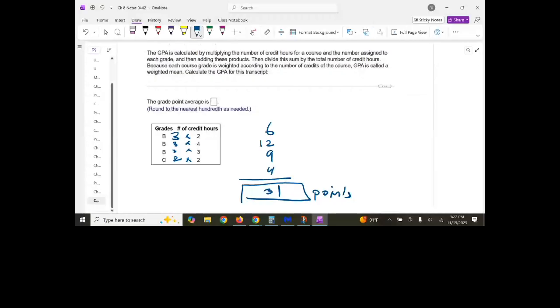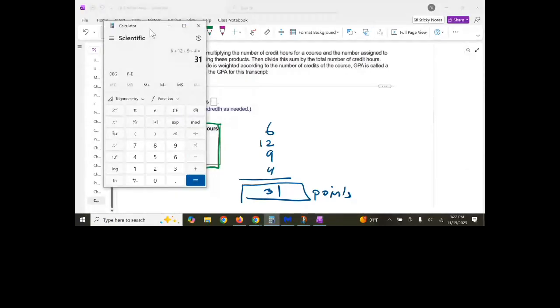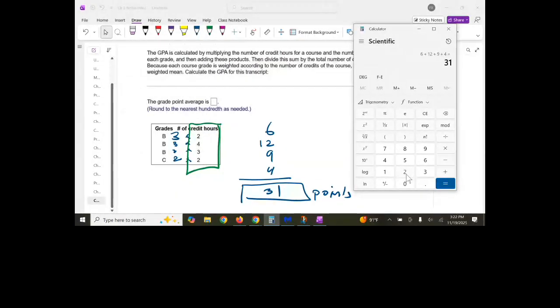In addition to adding our points up, we also need to add up our total number of credit hours. So I'm going to add those numbers up too. Sorry, let me move this out of the way so you can see it. We're going to take 2 plus 4 plus 3 plus 2. And so we have 11 credit hours.